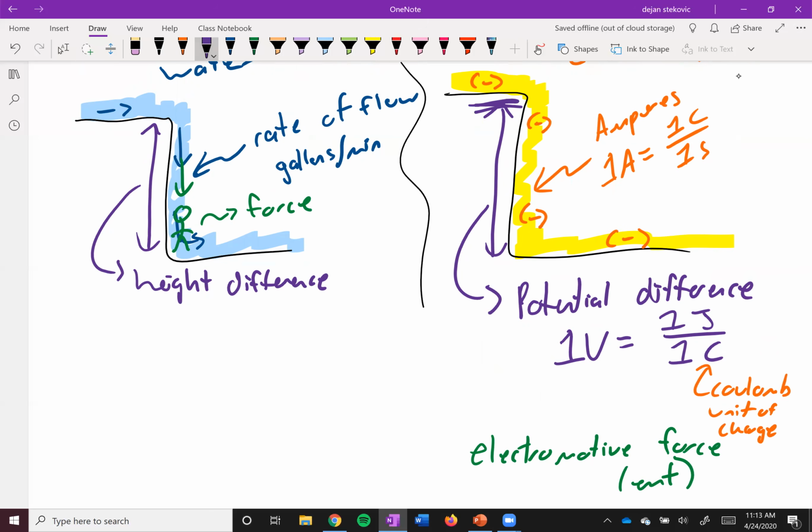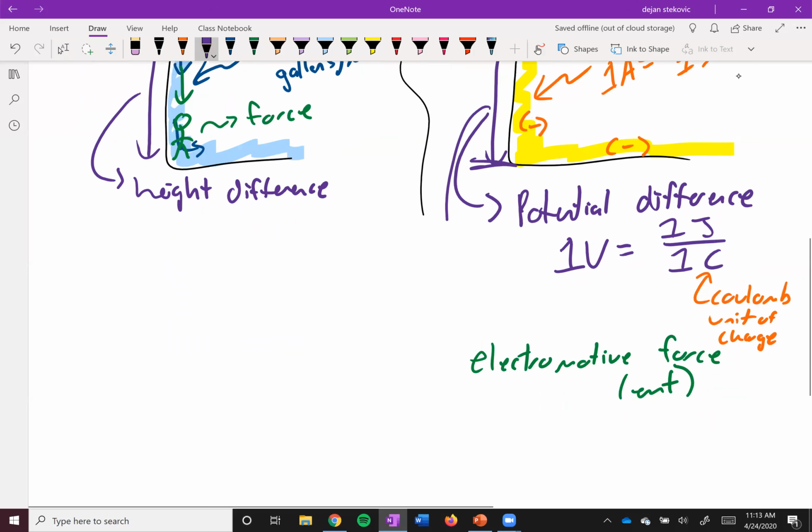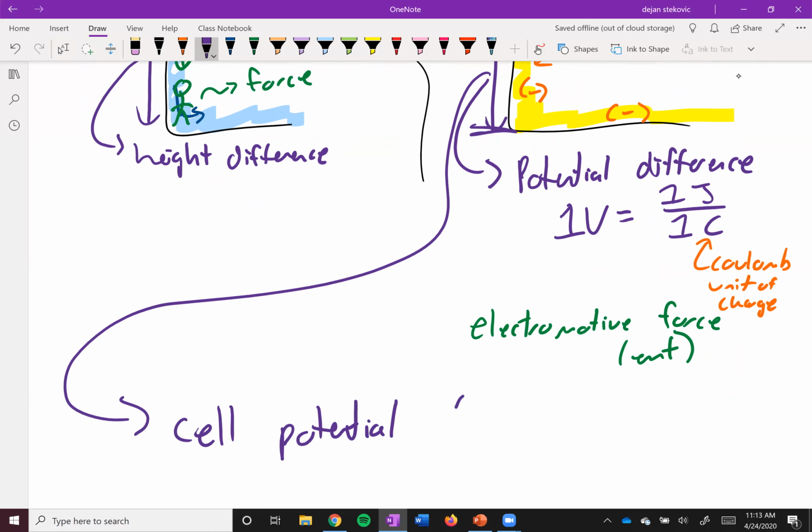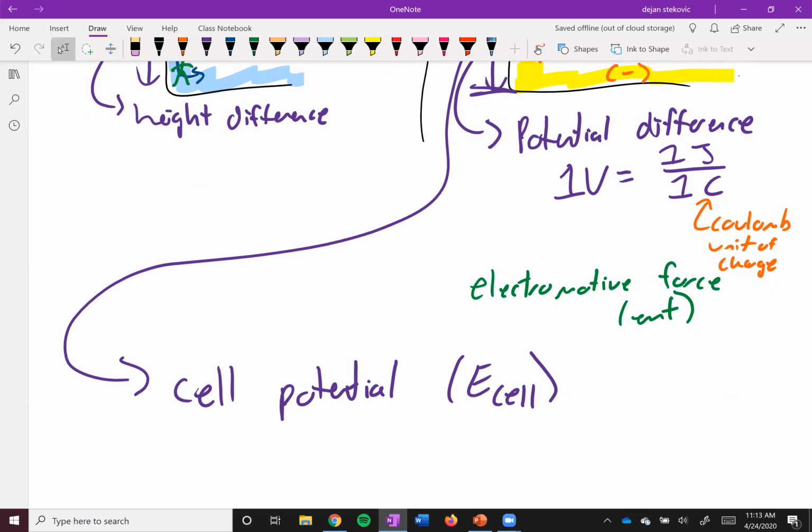Well, it's the height difference between your starting and ending point. And so this is what's known as cell potential, or E cell. In this case, E doesn't stand for energy, it stands for your cell potential, not technically energy. Very related, but not exactly the same thing.